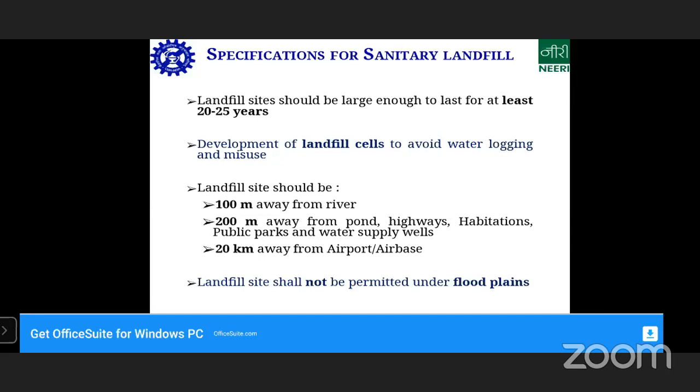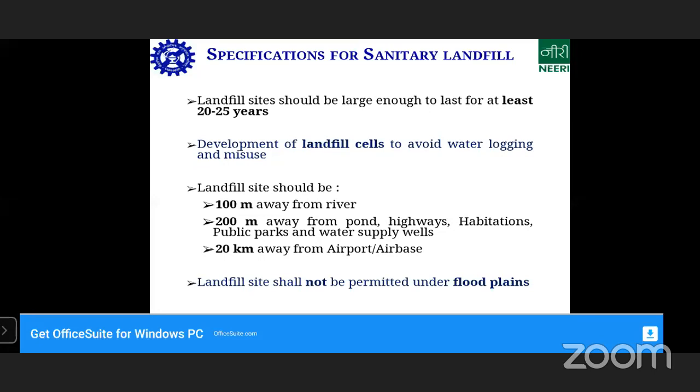That is why these landfills are usually kept on the outskirts of the cities, outside city limits. It should not be permitted on floodplains or wherever there is agricultural activity. It also shouldn't be close to airports. So these are some specifications in the rules that should be followed while setting up a landfill.